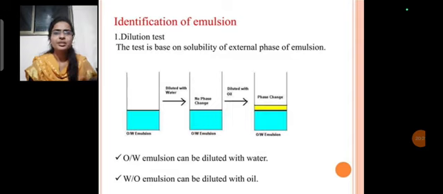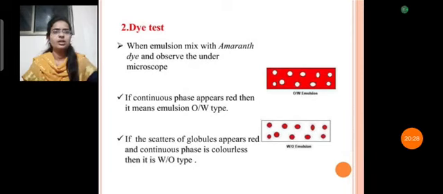Next is the dye test. When the emulsion is mixed with amaranth dye and observed under the microscope, the water phase absorbs the dye.